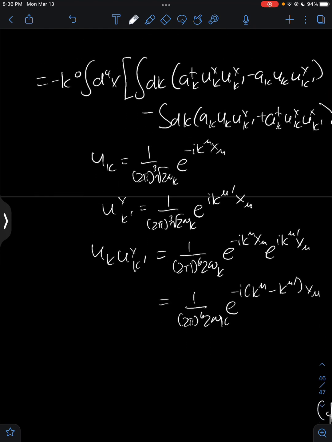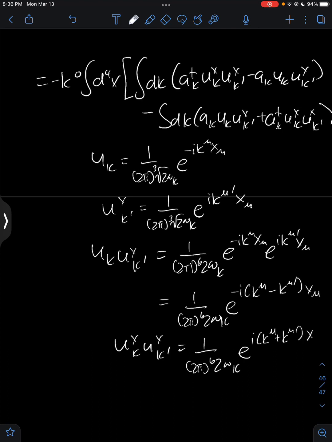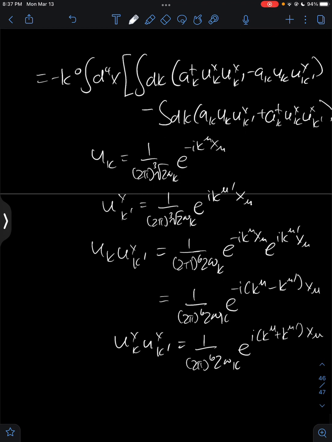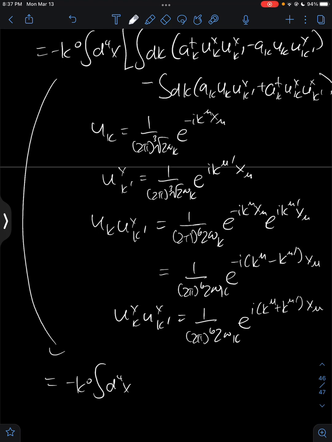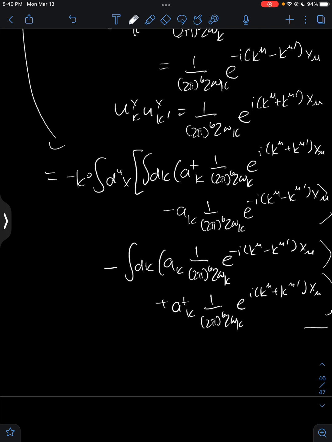We can do similar things with u conjugate k prime. That's going to give us 1 over (2π)^6 2ω_k, e^(i (k_μ plus k'_μ) x^μ). And we are going to be left with minus k^0 integral over the volume. So we can look at which terms will cancel out with which terms. Here we have an a conjugate k term, and here we have the exact same a conjugate k term. Since there's a subtraction sign, these terms are going to cancel out.